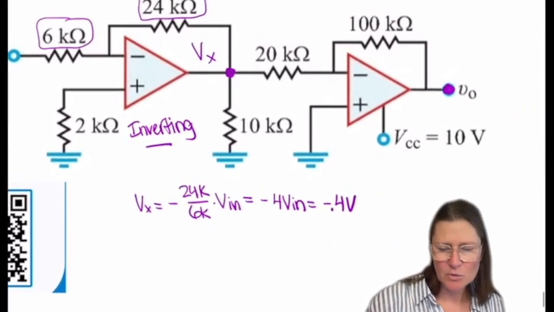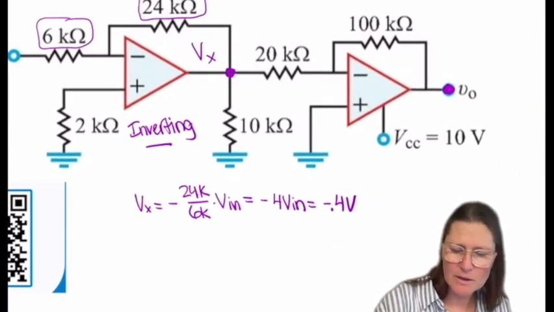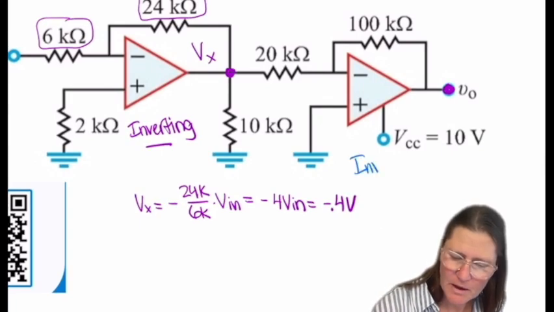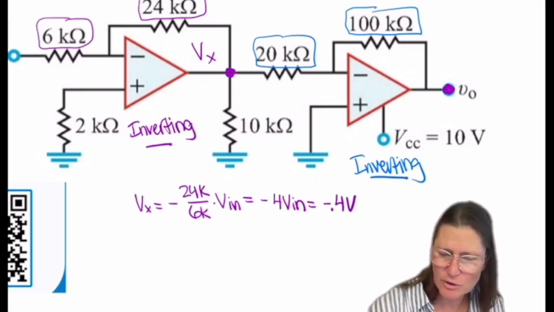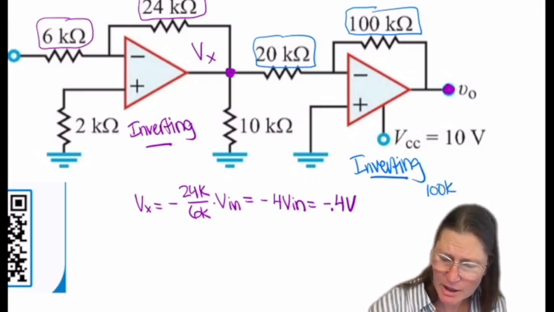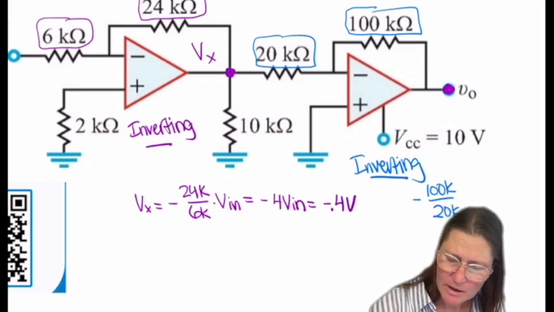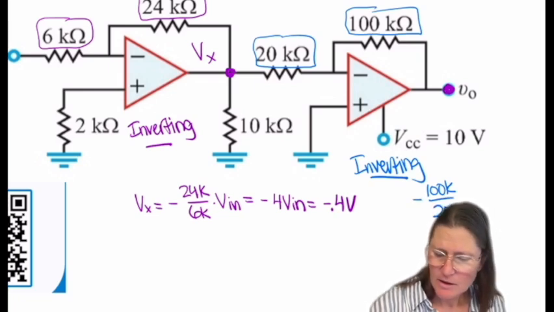And then the second one is also inverting. These two will be your key resistors. So then 100K over 20K, a negative of that.